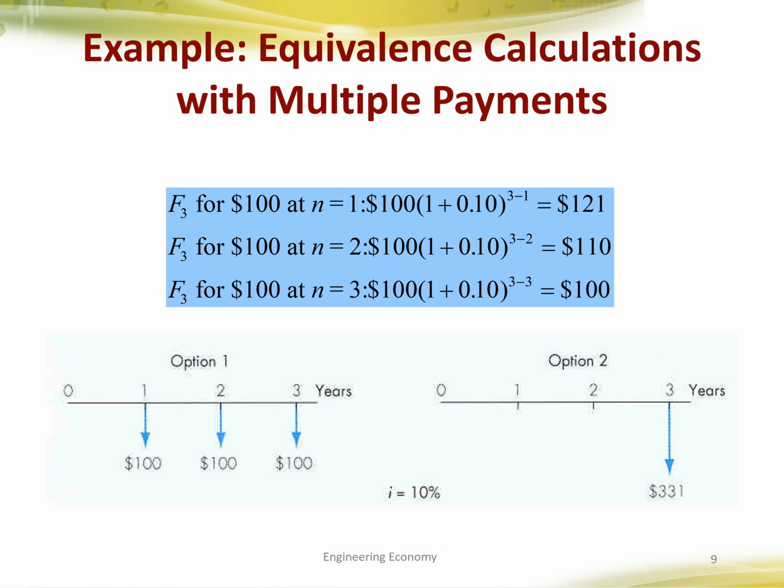So in order to get an equivalent value at the end of period 3, each individual cash flow needs to be computed for the future value. So 100 at the end of period 1 needs to be converted to the value at period 3.